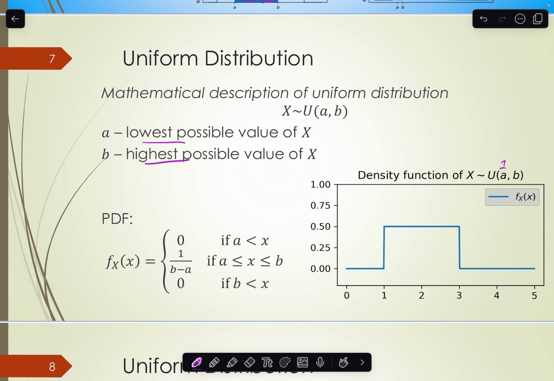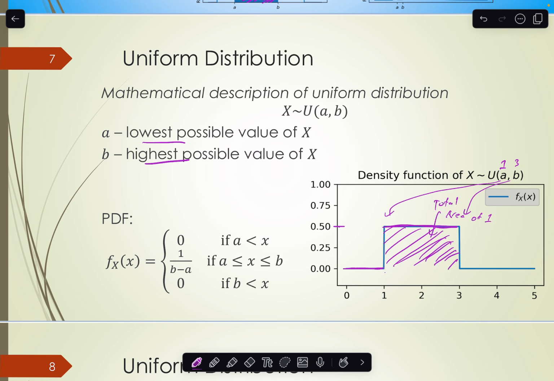If a is 1 and b is 3, in this example, then the probability of something occurring that's less than 1 will be 0. The probability of something between 1 and 3 occurring is going to have some probability, and that probability is contrived so the total area here is 1.